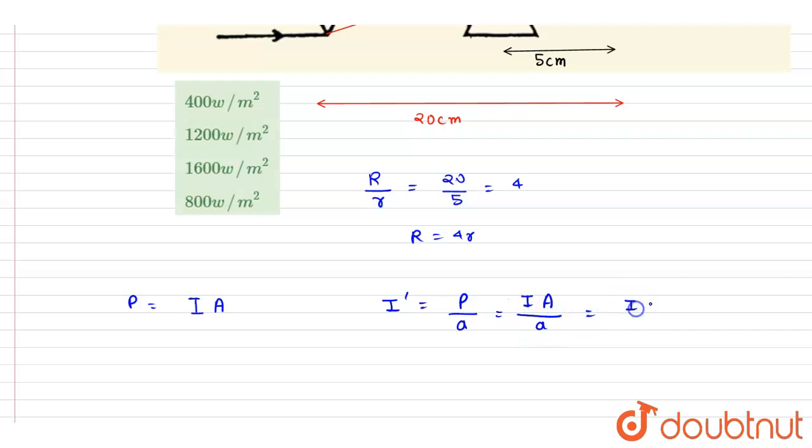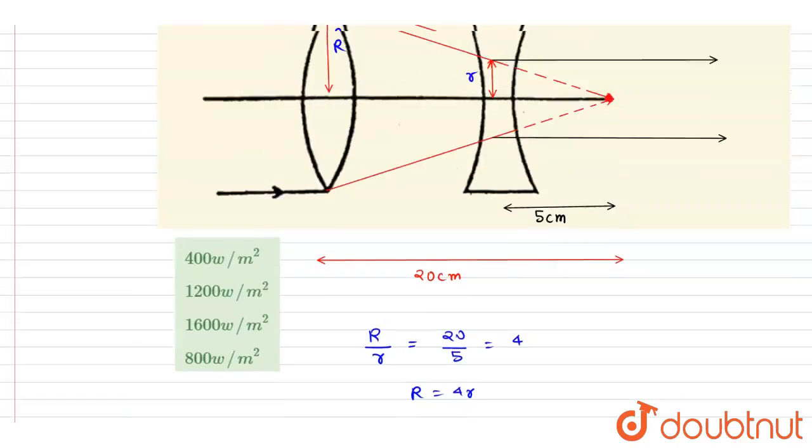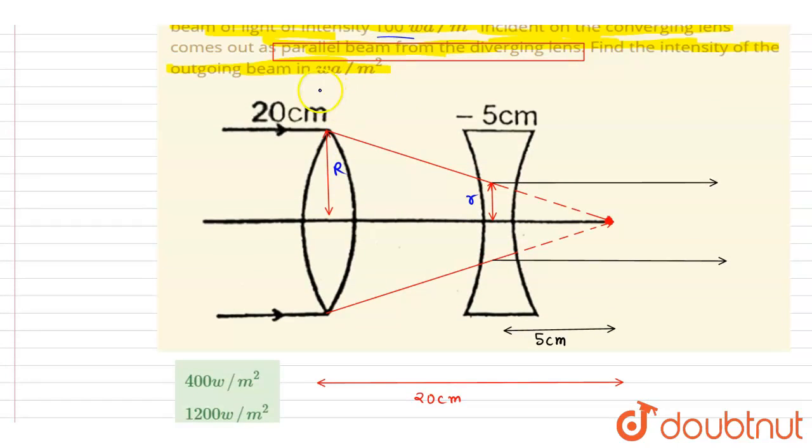So if you put the value of this area, the region will be circular, right? So circular area is calculated by pi r square. So in place of A, we will write down pi r square. So if you see, this is the area, and this is the area of this, it is pi small r square.